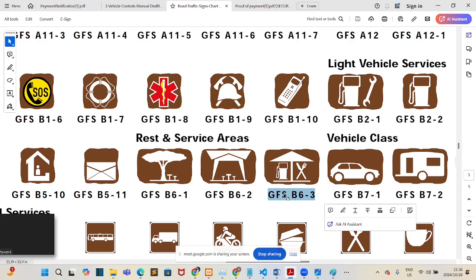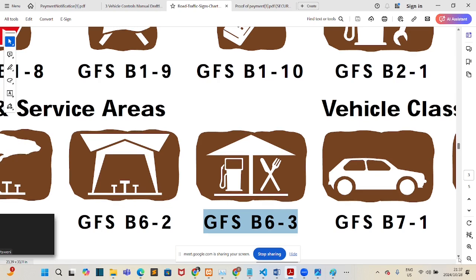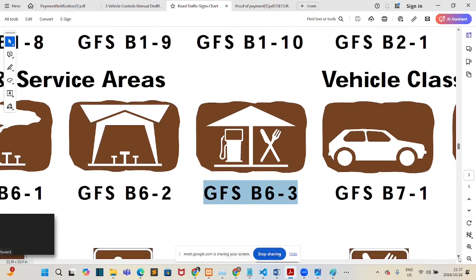The question says, what does this tourism sign indicate to road users? These brown signs are tourism signs. A, a campsite. B, a service station. C, a roadside stall. Which one is correct? It's B, a service station. Correct.